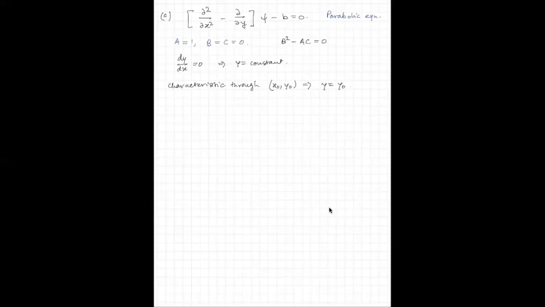For obvious reasons, we are going to concentrate on the characteristics of the hyperbolic equations. The equations are of course simple if A, B, C are all just constants, and then these characteristics are just straight lines, and so that's what we will have.